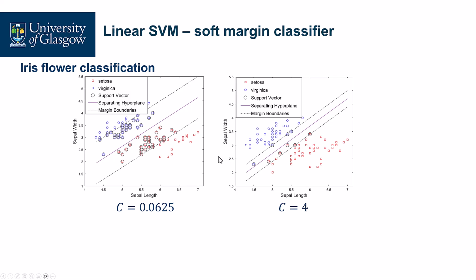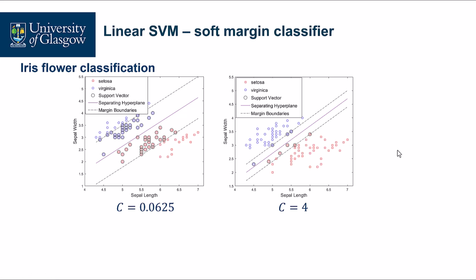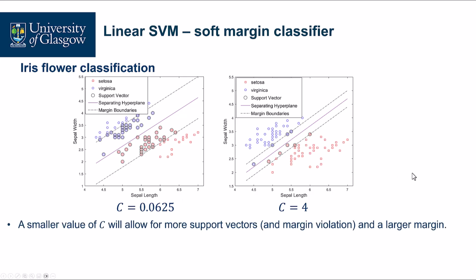In the last slides, we use the iris flower case, as we have seen in the last session, with two values of C, one smaller and one larger, to see the trade-off between the margin itself and the margin violation. In the first one, C is small, and we can see this allows for more support vectors, and the margin violation is larger.